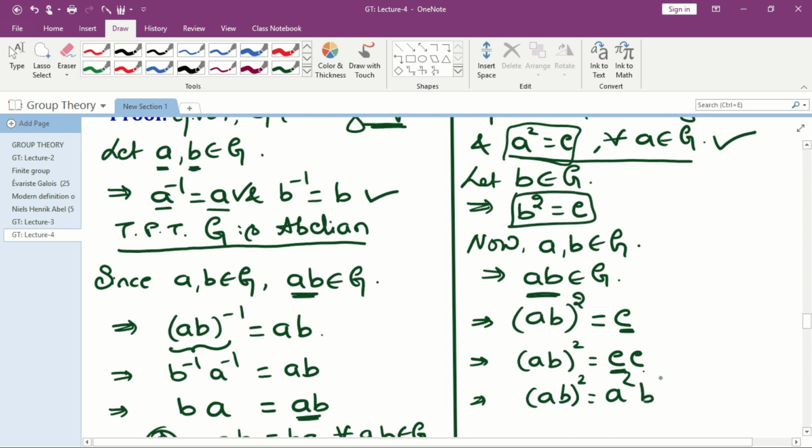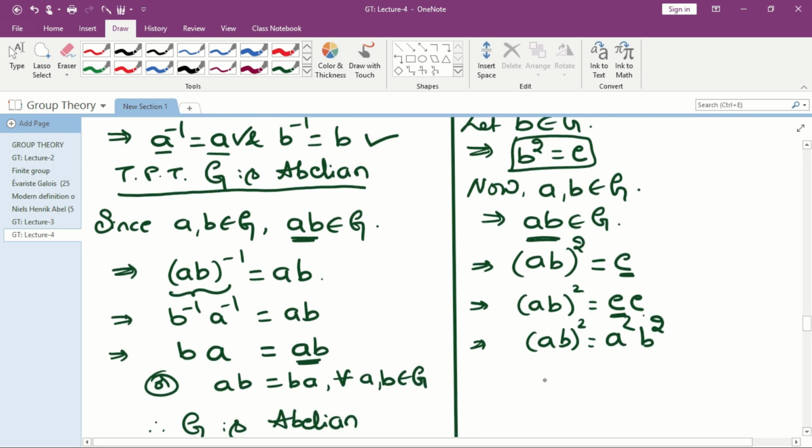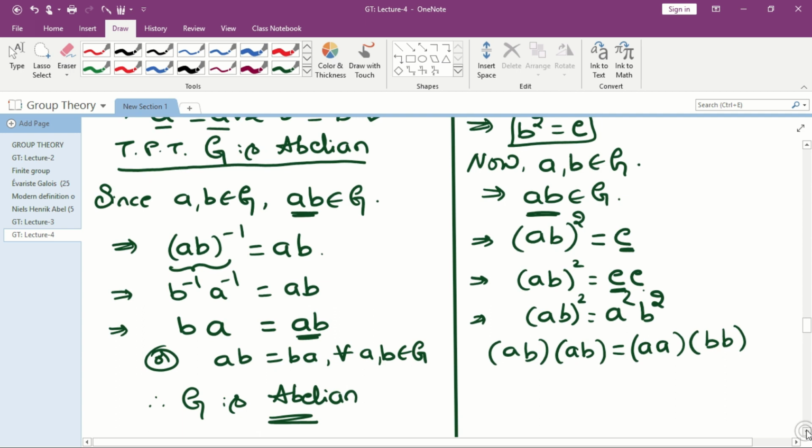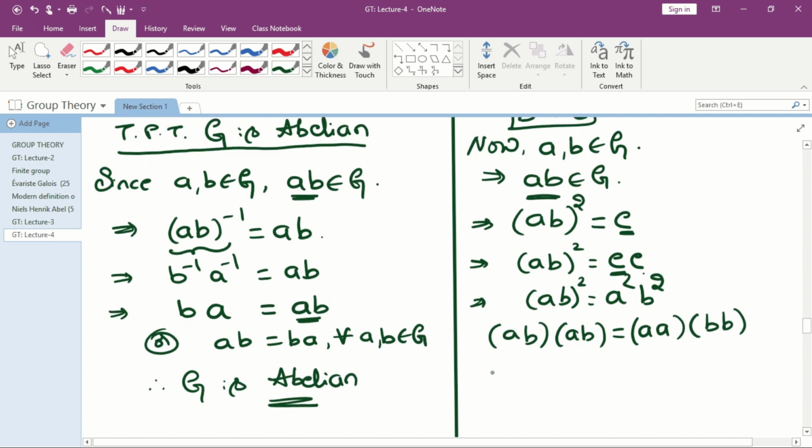Left side AB whole square can be written as AB into AB. Right hand side A square can be written as A into A, B square can be written as B into B. So now we shall use associative law on both sides.